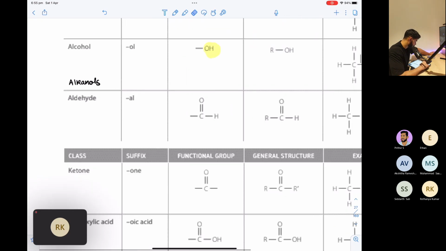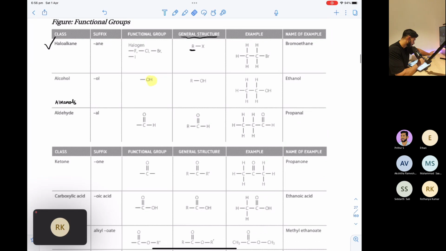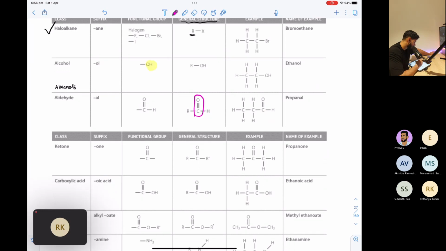Good. What about aldehydes and ketones? Aldehydes and ketones both have the same functional group. The difference, everyone, is the position. Aldehydes have this carbon double bonded to an O at the end, whereas ketones have this carbonyl group, this carbon double bonded to an O in the middle.